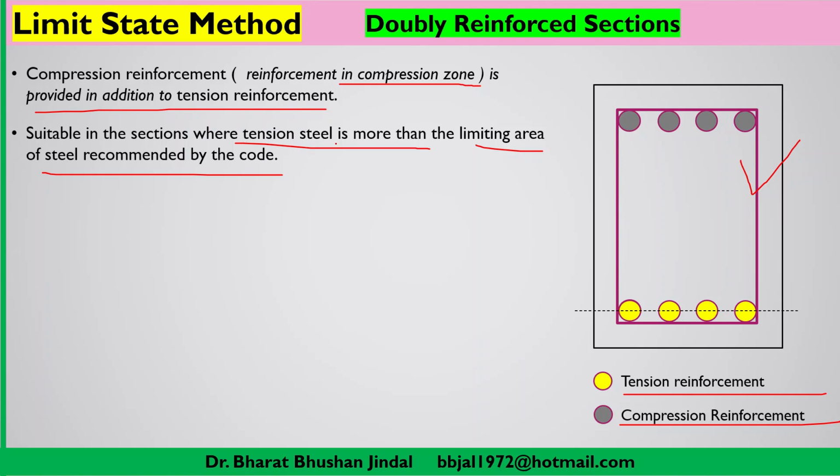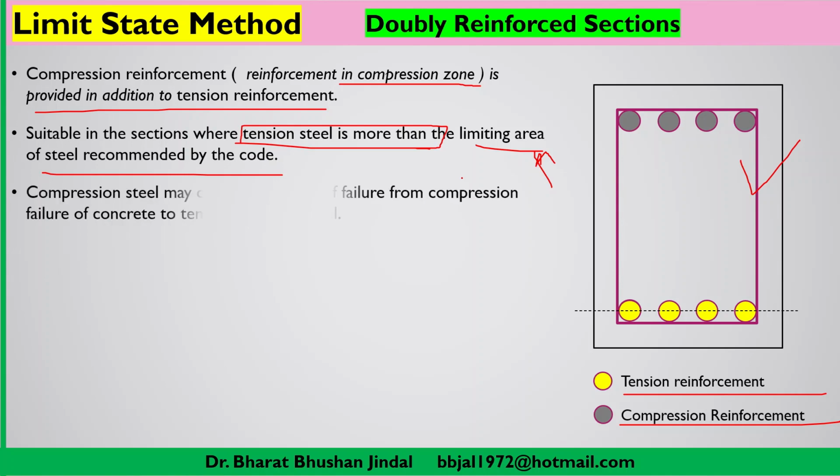Otherwise, there will be another type of failure, that means it may be an over reinforced type of failure. So that's why the code is restricting the tension area also. But if in our calculation the tensile steel required is more than the limiting area of steel recommended by the code, then we have the option to provide steel in both compression as well as tension zones.